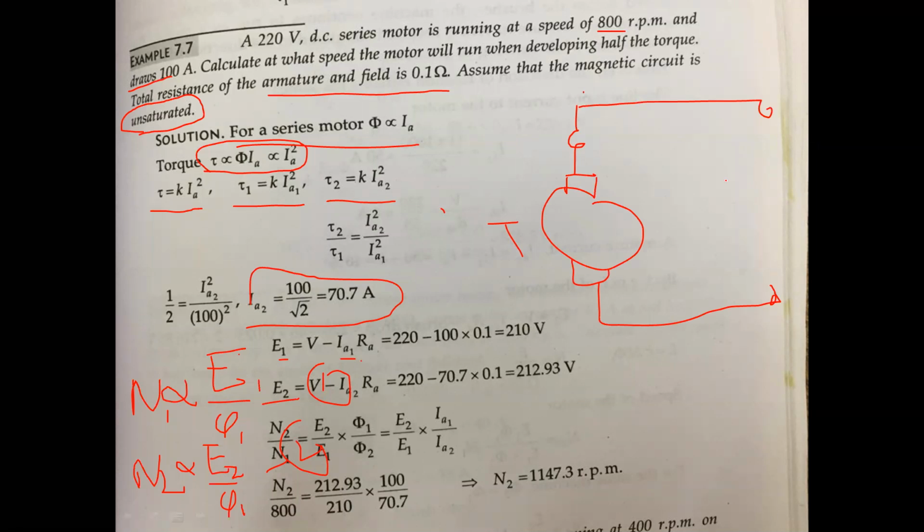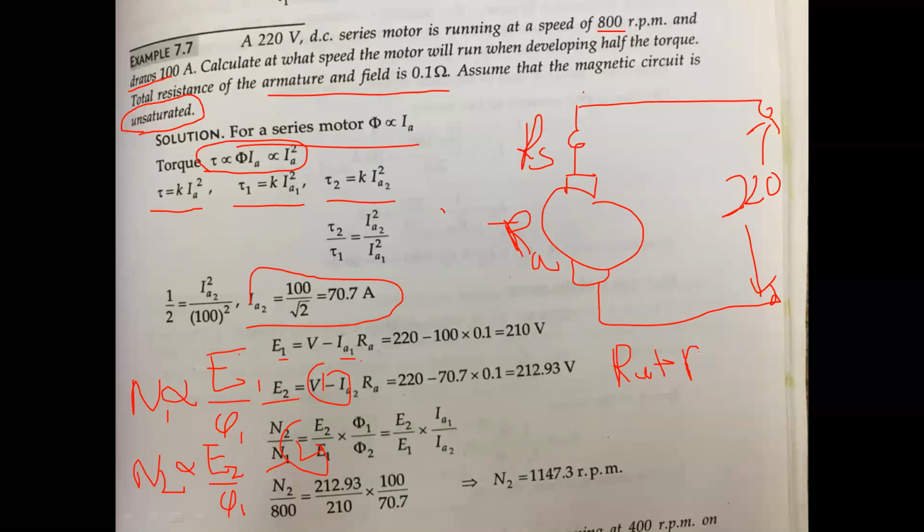The given supply voltage is 220 volts. Total resistance means series resistance plus armature resistance, Ra plus Rs equals 0.1.